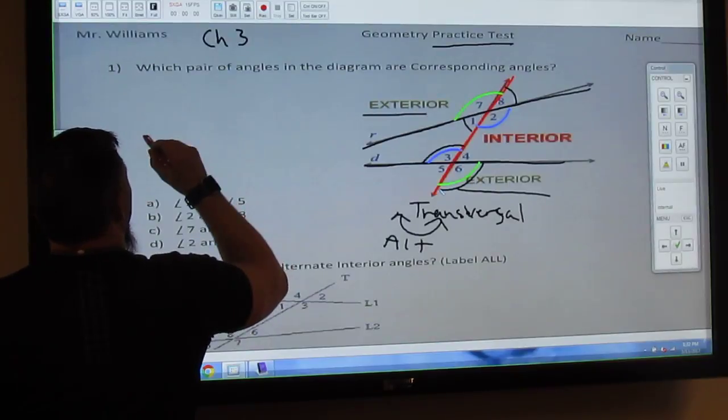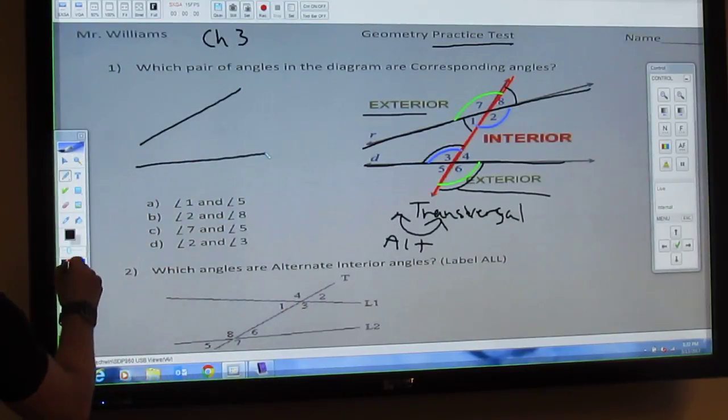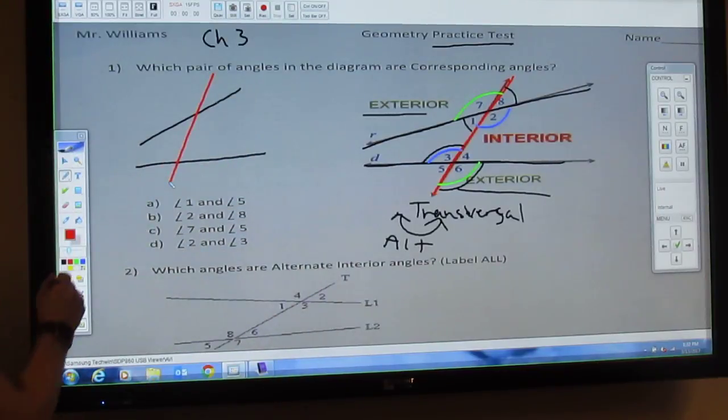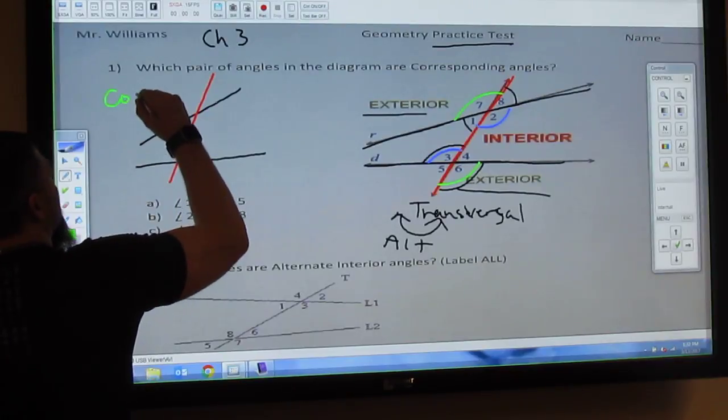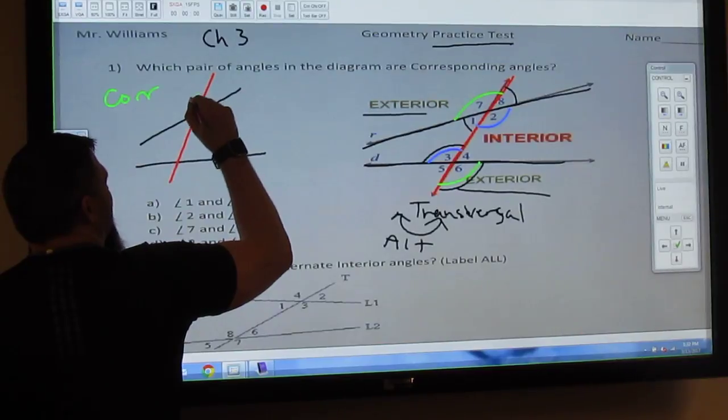Okay, so then there's this last one called corresponding. Corresponding is kind of funky because you have these two lines, and the two lines are cut by a transversal, right? And corresponding means that one's exterior, one's interior, right? But they're on the same side. So they're same side, exterior, interior. It's kind of weird. That's why we call them corresponding. They correspond to each other.